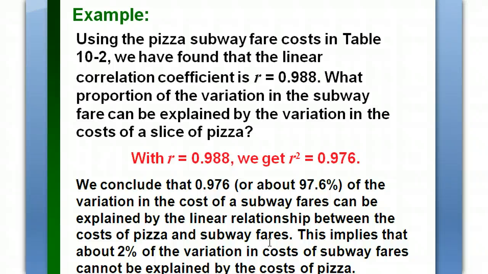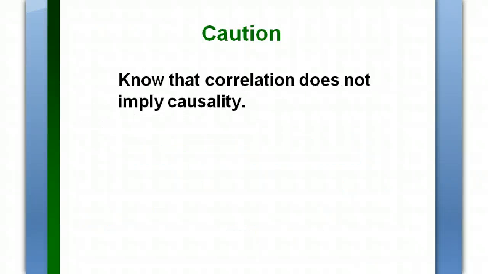That's basically saying that only about 2% of the variation in cost of Subway fares can be explained by things other than pizza. That seems ridiculous, but that's what this R and this R squared value is saying. R squared is called the coefficient of determination, and it gives us a percentage of variation that can be explained by a linear relationship.